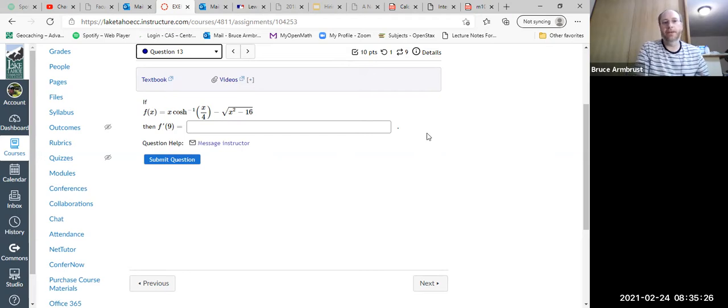So this one, we've got f equal to x times cosh inverse of x over 4 minus the square root of x squared minus 16. And then they're asking us to evaluate its derivative at 9.